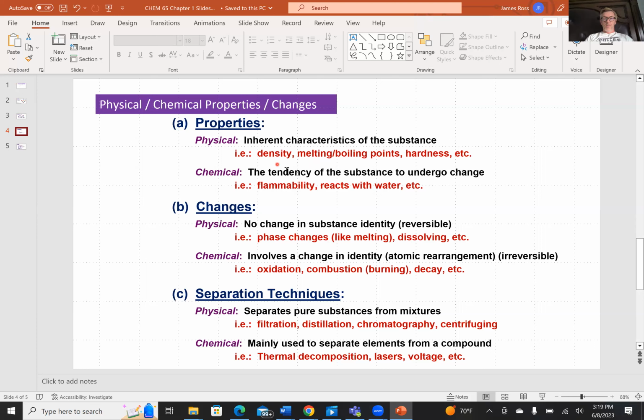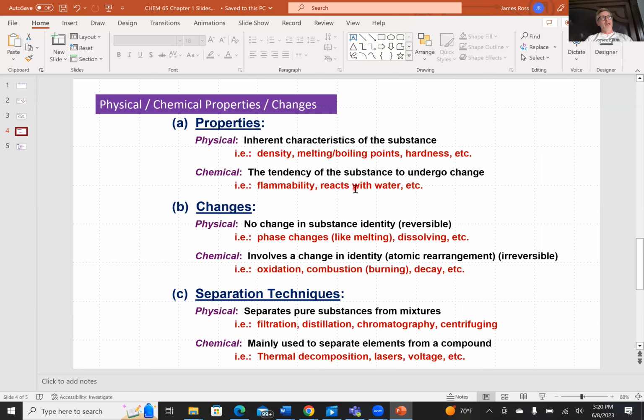Conversely, a chemical property is something where you have to alter the material in order to measure it. For example, the flammability of gasoline. To verify it, you would have to burn the gasoline, and once you burned it, you can't do it again. Another example is something that reacts with water.